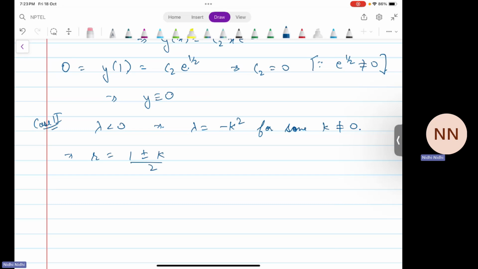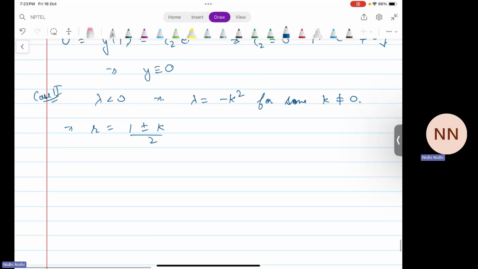So we have real and distinct roots. So this gives us y(x) equal to c1 e to the power (1 plus k)/2 x plus c2 e to the power (1 minus k)/2 x.